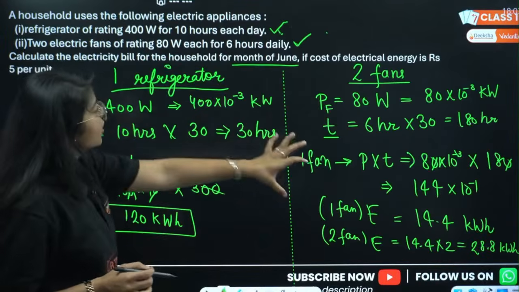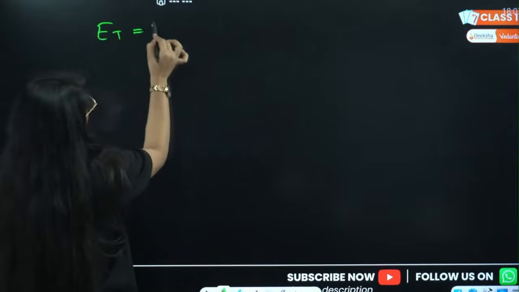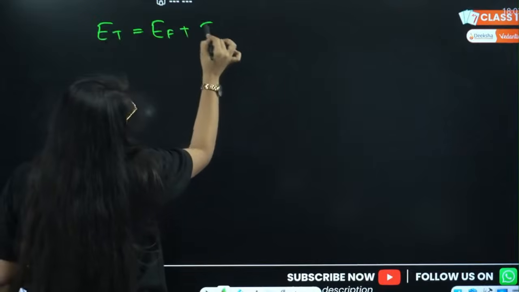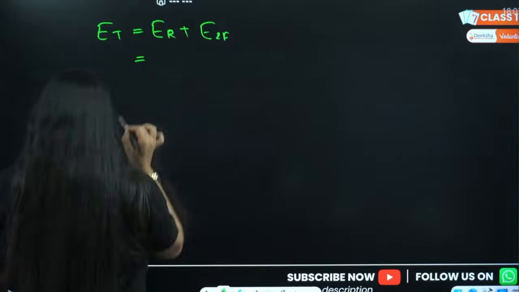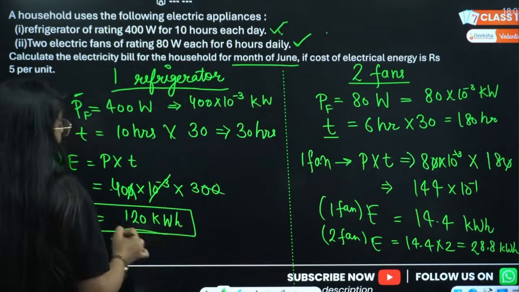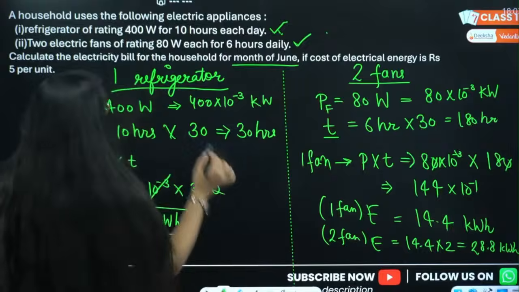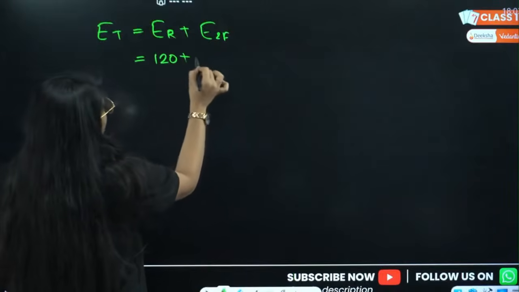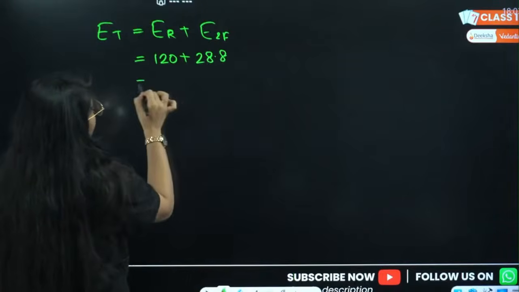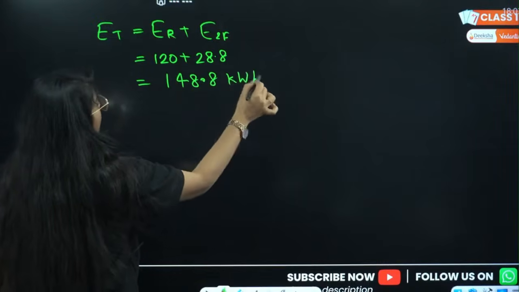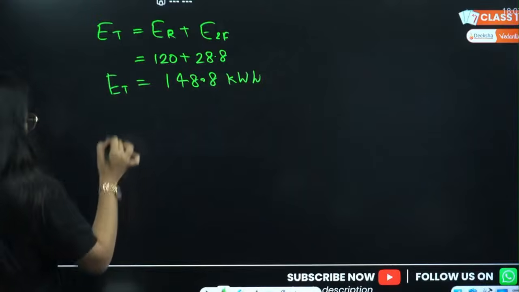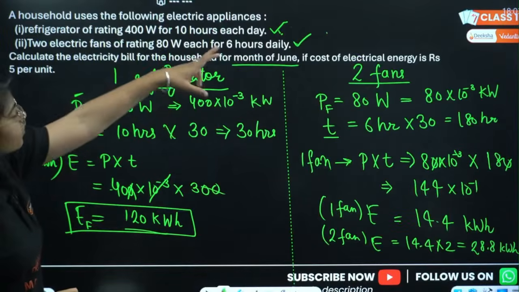So now, the total energy is energy of refrigerator plus energy of two fans. This is 120 and that is 28.8. 120 plus 28.8 will be 148.8 kilowatt hours.